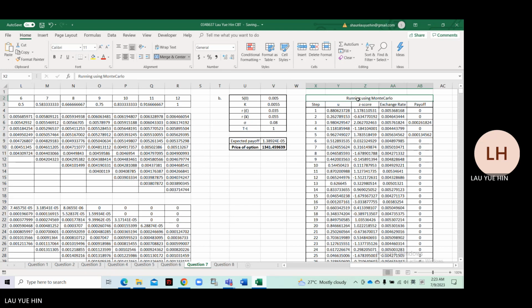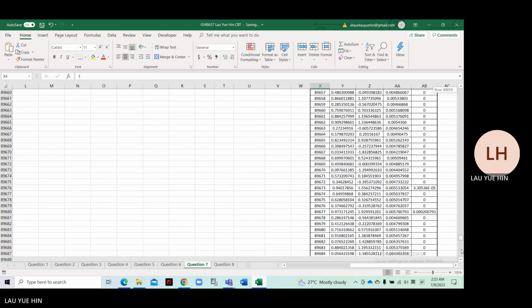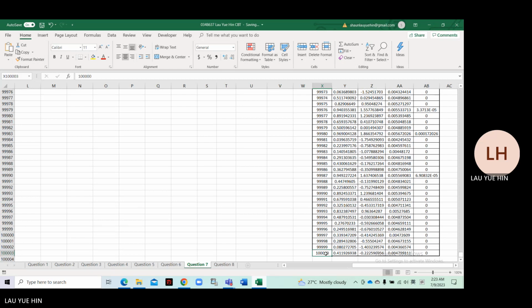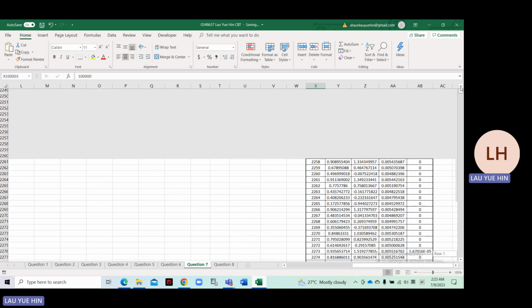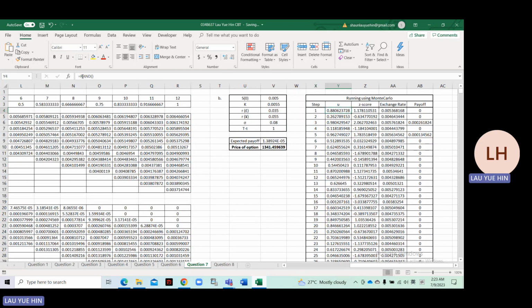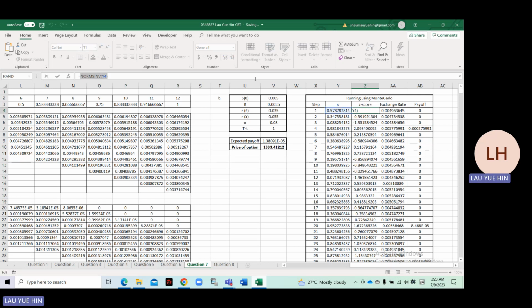So to do it using Monte Carlo, the steps are from 1 until 100,000, and then U is actually using the formula of random number, which is this one. And then to find the Z score is actually the standard normal inverse of U.